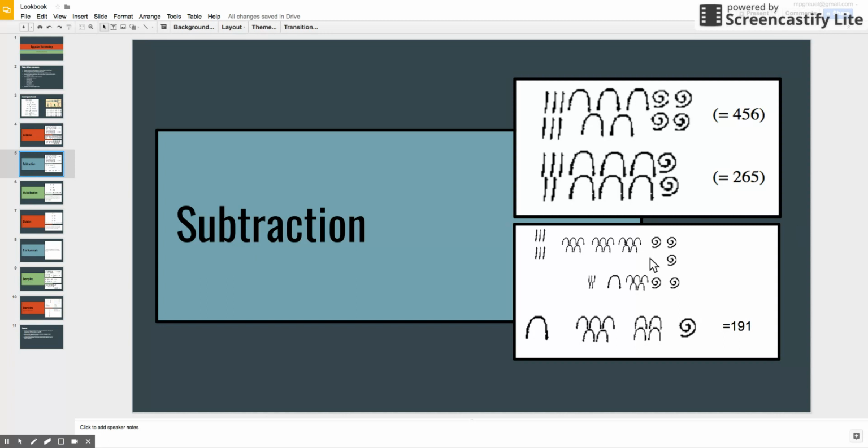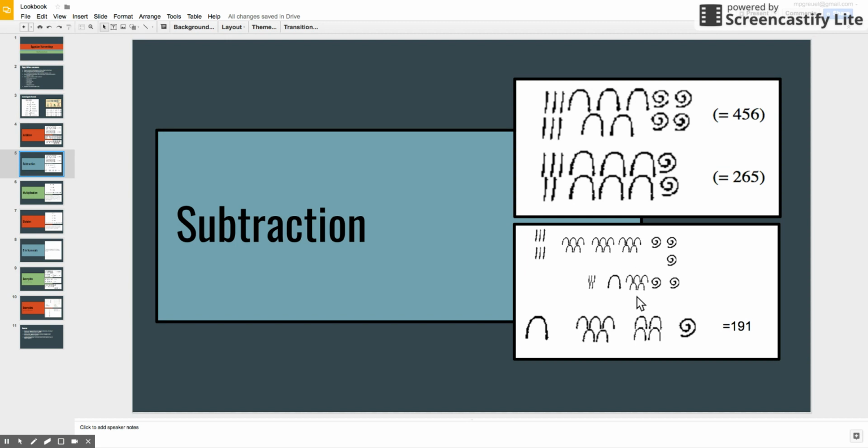And then in the bottom box, it shows that because you're subtracting 6 tens from 5 tens, you have to borrow from the hundreds, giving you 15 heel bones and 1 less coil. And then now you can subtract evenly. So 3 heel bones minus 2 heel bones is 1.